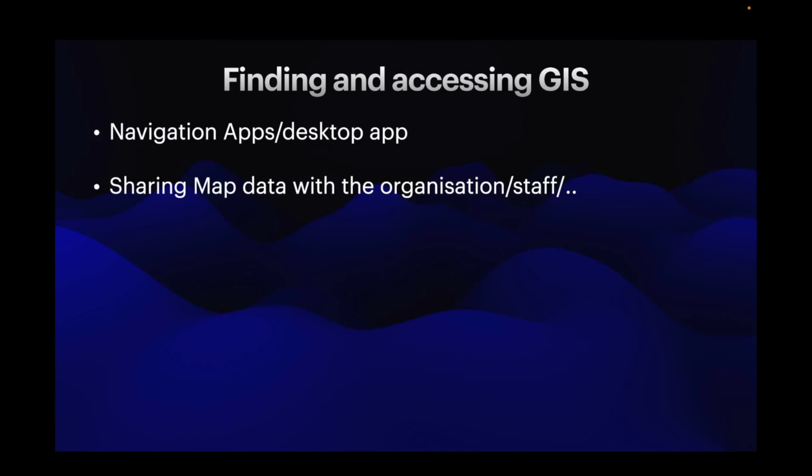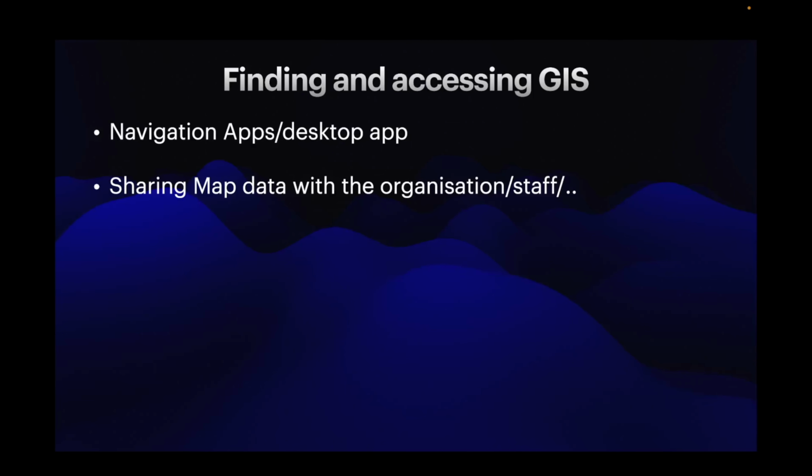You can also share data with the organization or with the team. With ArcGIS Pro, whatever work you have done, you can share through the server online. That data can be accessed by your organization, staff, team, and subordinates.